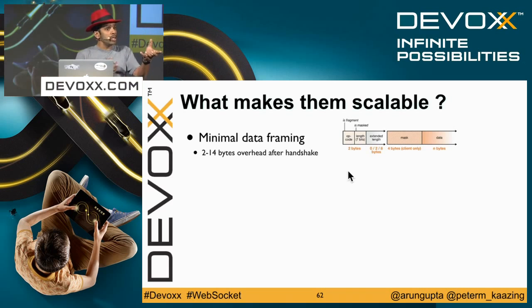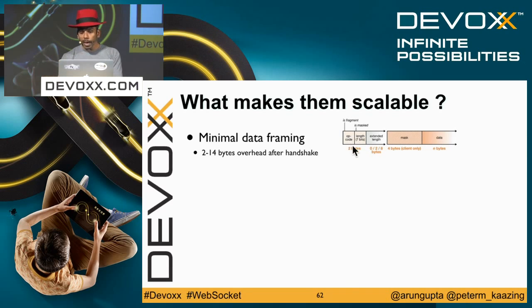Effectively, when you send a message, each message is mapped to a WebSocket frame, and each browser has different capabilities in terms of how big a frame could be. I've tried up to 1 gigabyte, and that seemed to work well, unless you are really packaging your 5 gigabyte movie in one WebSocket message. You may hit some practical limits over there. But the data framing itself is pretty limited.